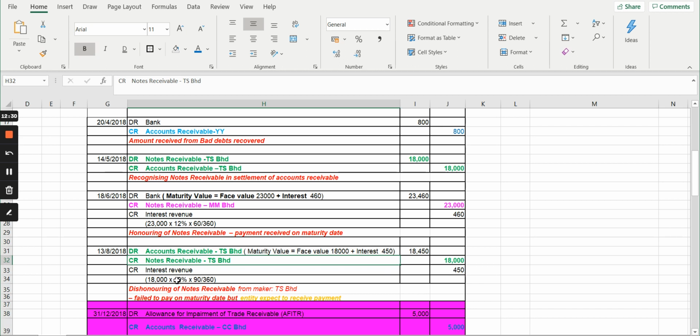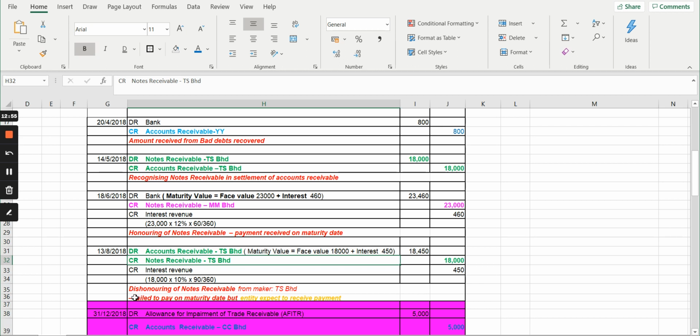You can calculate the 450 by taking the face value times the percentage times the term of the note over 360. The account receivable will have to record the maturity value because the notes being dishonored has already reached the maturity date. So that is why we record at the maturity value, 18,450.